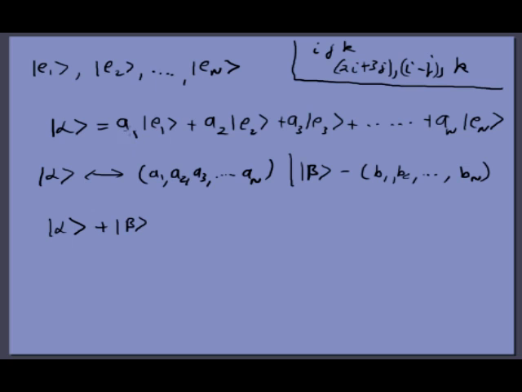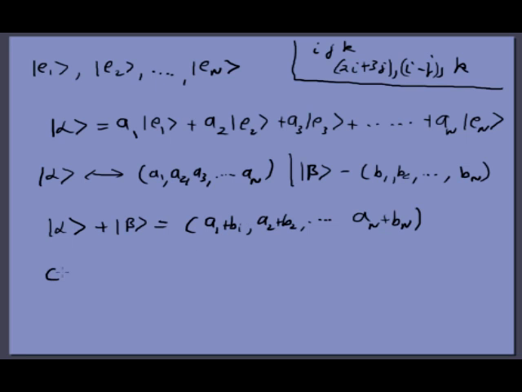When you add them, you would get (a1 plus b1) times e1, (a2 plus b2) times e2, and so on. So this can be represented as (a1 plus b1), (a2 plus b2), ..., (an plus bn). And this is something we already know. When you have vectors i plus j plus k and 2i minus j plus 3k, and you add them, you just add the three components of the i, j and k vectors, and that gives you the new vector.